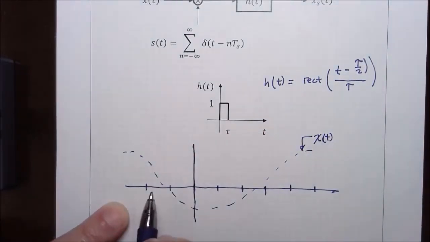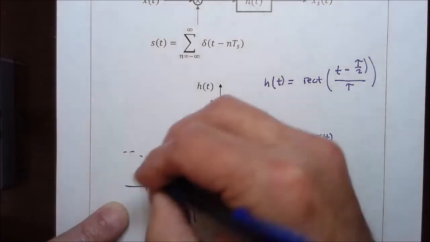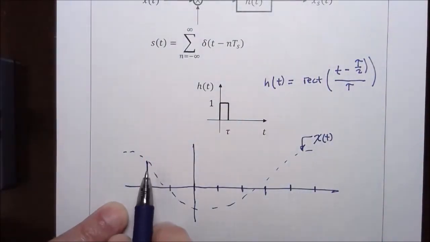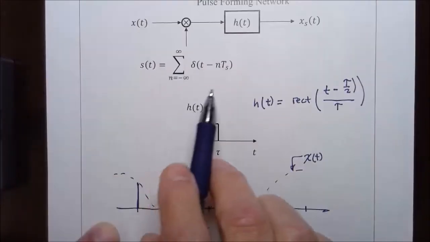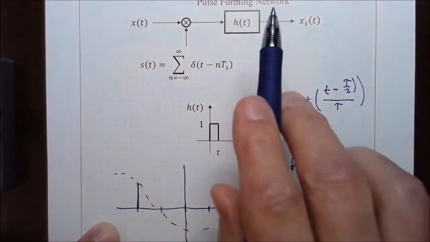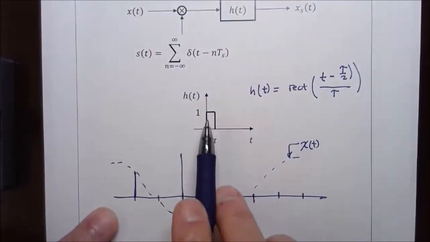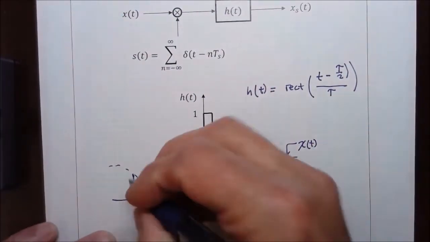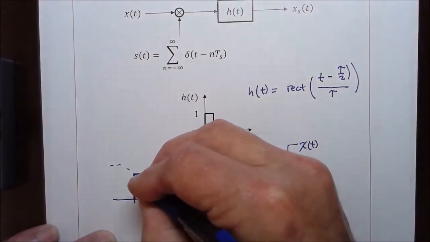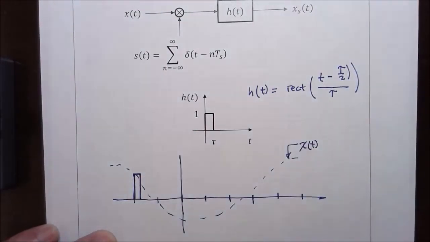And so when the sampling occurs, we get a delta function that is scaled by the value of the message signal at that instant, and then this delta function serves as the input to this pulse forming network, which causes the output to be a rectangle with a flat top that continues for a period of time equal to tau.